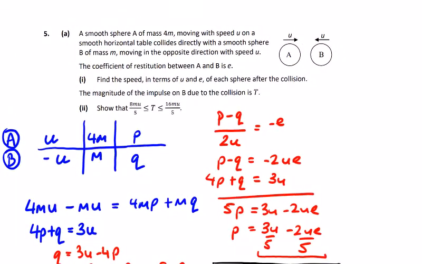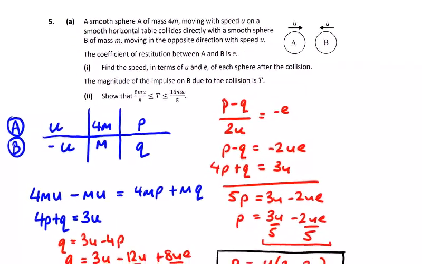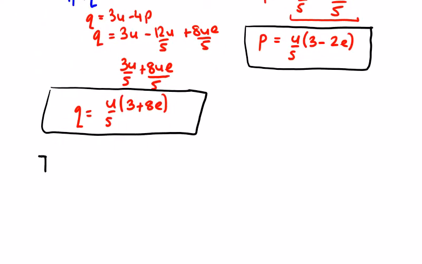And then the magnitude of the impulse on B due to the collision is t. Show that t is between these two values. So magnitude of impulse, well, we know that impulse is mv minus mu, and the speed of B was m, so we say m times the speed at the end, which is Q, m times u over 5 by 3 plus 8e.